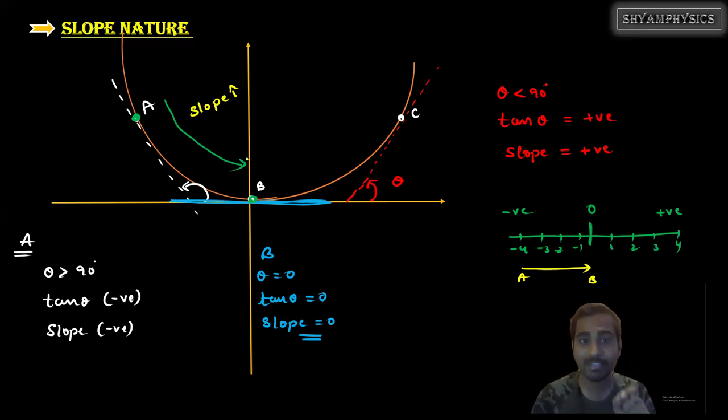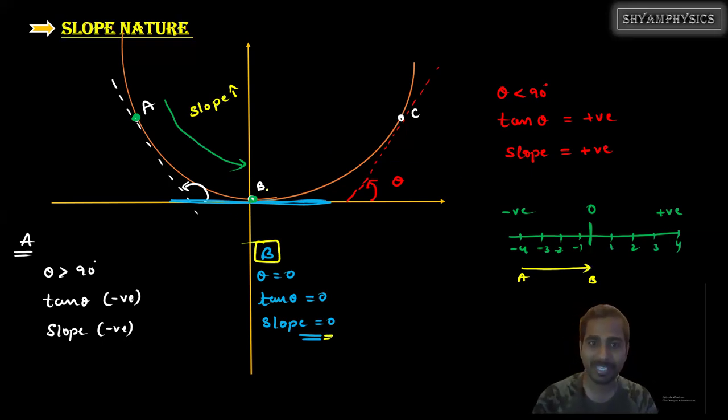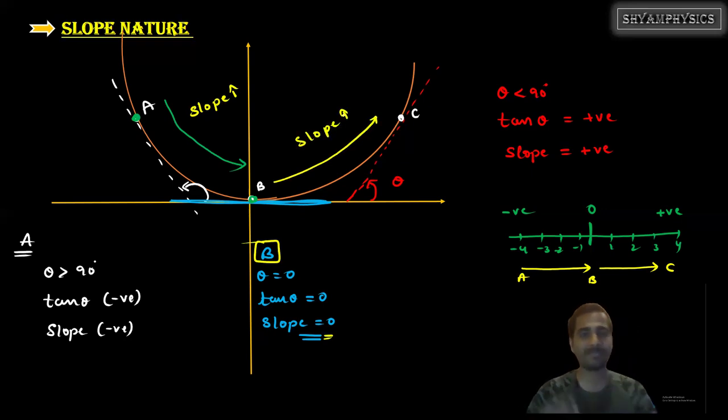At point B, the slope is 0. Then if you move from B to C, B is 0, C is somewhere else here. Now tell me, from B to C again, the numbers are increasing, right? So we can say from B to C, again, the slope is increasing.